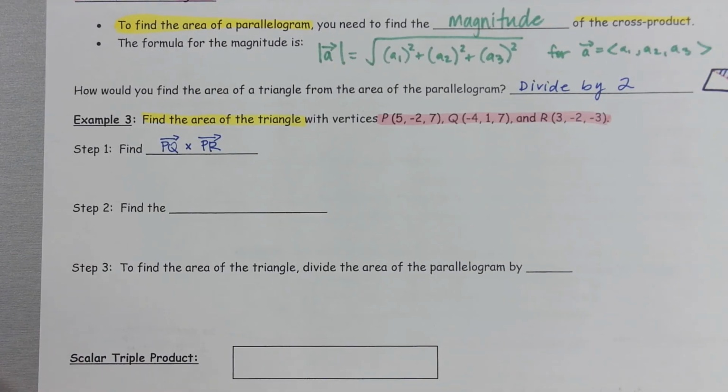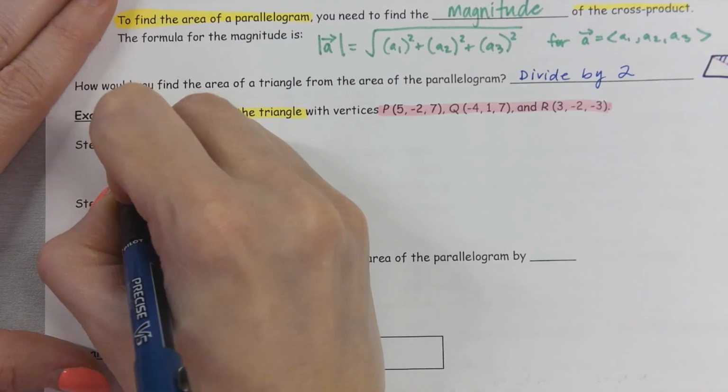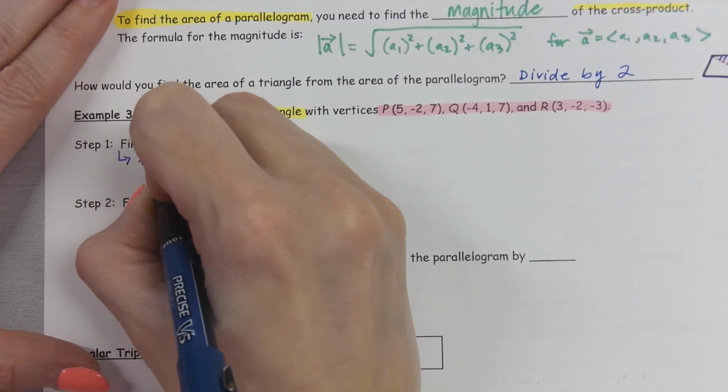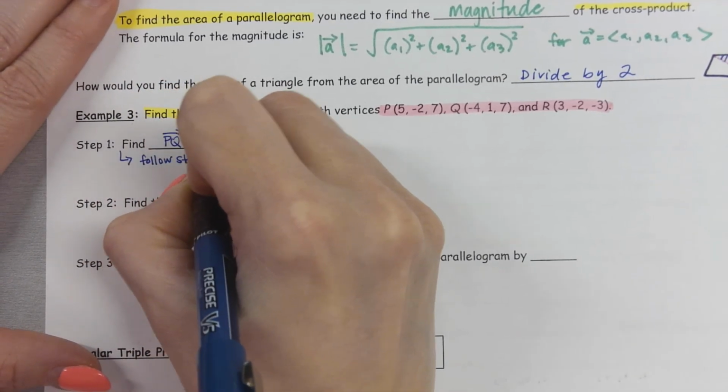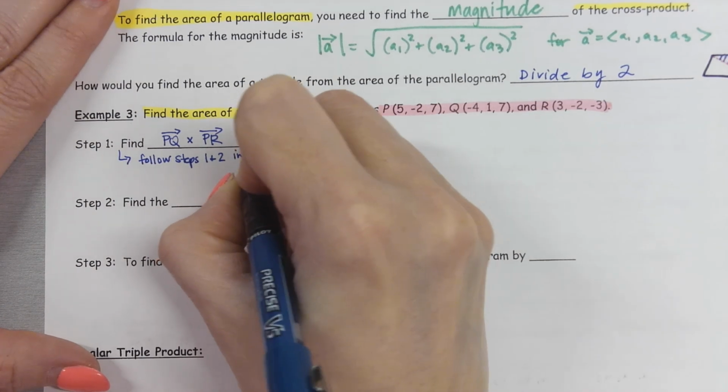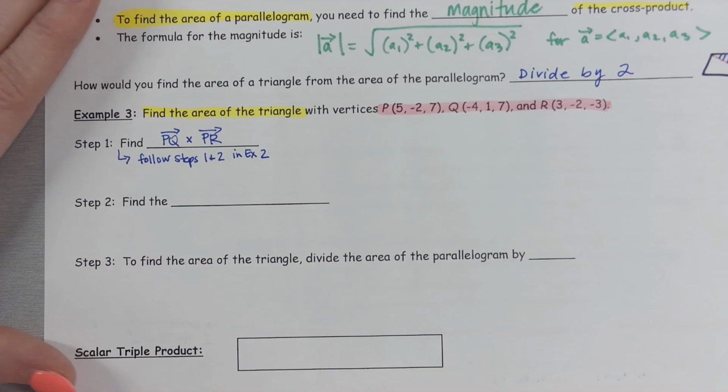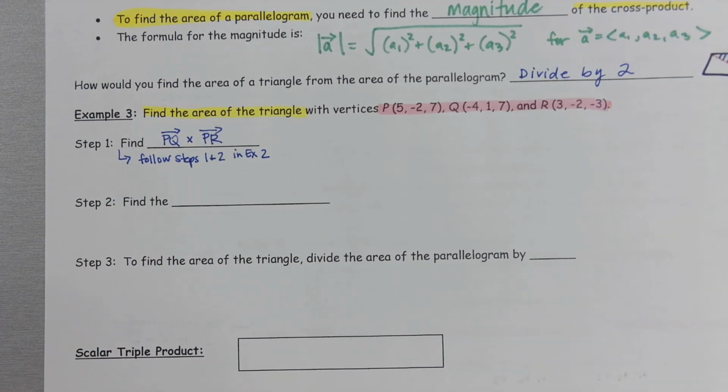Okay, so you're going to find the cross product. In order to do that, you follow steps 1 and 2 in example 2. So when you're doing that on your own, you are going to have to construct PQ and PR and then find the cross product.